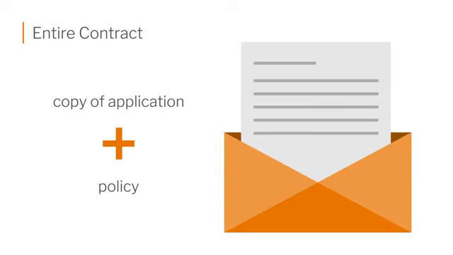Those two things have to be together and presented at one time in court. In fact, if you take a policy that you're going to deliver and go to the very back end of that policy, you'll always find a copy of the application already attached. So if you ever have to provide proof in court for whatever reason, you've got it already there. It's always at the back of the actual policy itself.